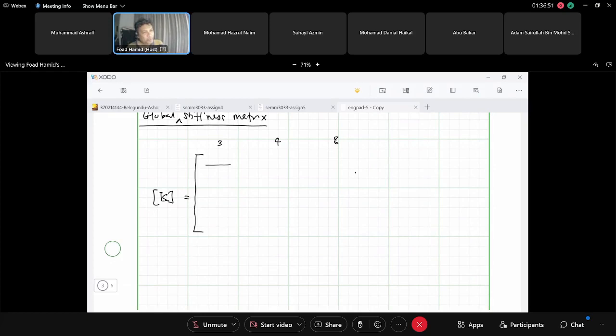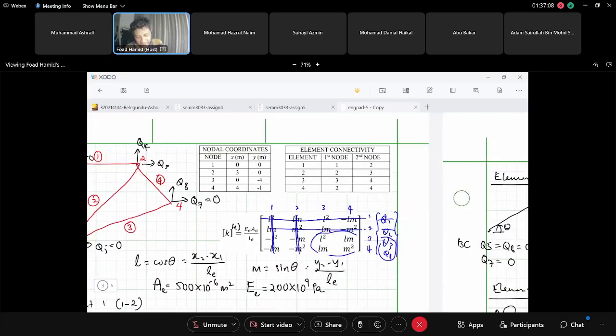Okay? So we have to remember that when we did the bar element, there was an overlapping point between element 1 and element 2. But now we have 3 elements overlapping.